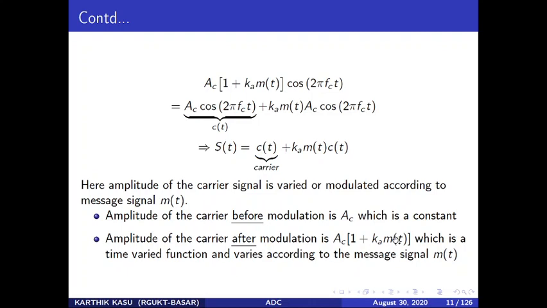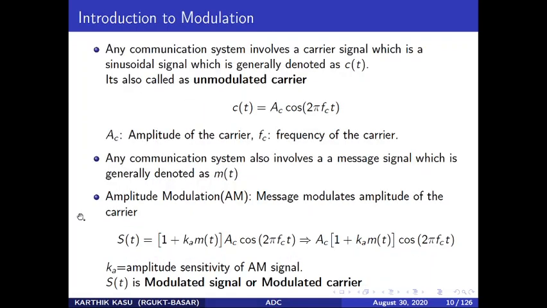The message signal. That's why the definition of amplitude modulation is that the amplitude of the carrier signal is varied according to the message signal. Here we can say the amplitude of s of t is varied according to the message signal.